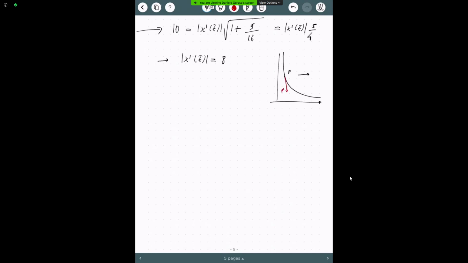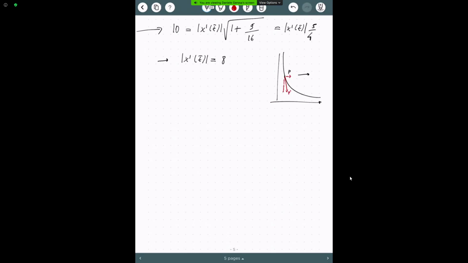You can see that the x component of this red vector p prime is positive, because it points in the positive direction.